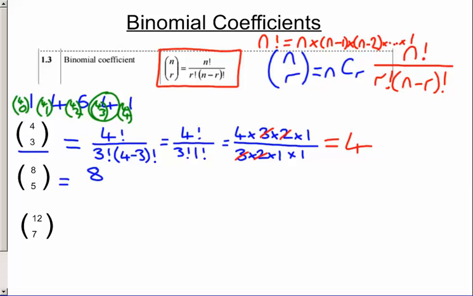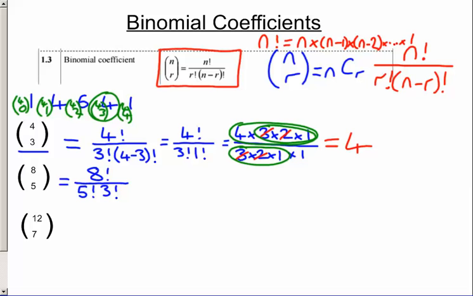8 factorial over 5 factorial, 3 factorial. Notice that the two numbers on the bottom will always add up to the number on the top. Now we could write out the whole list, but actually we're going to notice a quick way. In this one up here, we had 4 times 3 times 2 times 1, but this bit, the 3 times 2 times 1, is the same as this bit.